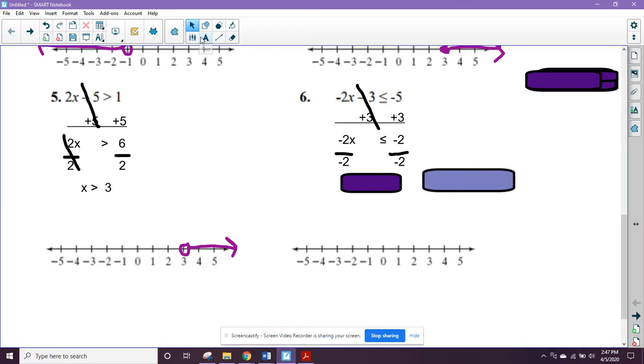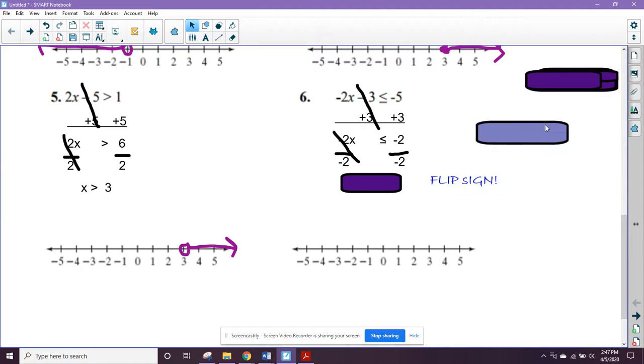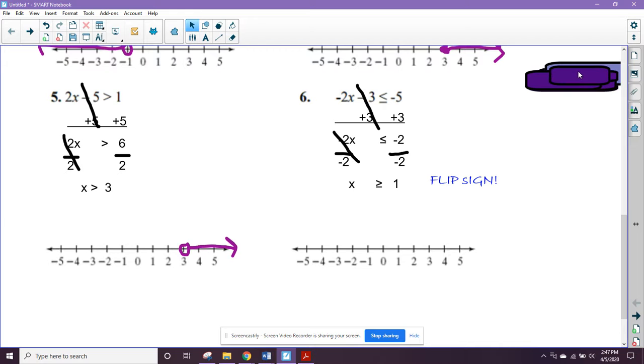When we divide by that negative, we cancel out the -2's here, and we divide. We cannot forget that when we divide by a negative, our sign flips. So we have to flip the sign of our inequality. -2 divided by -2 is +1, and our sign flips.